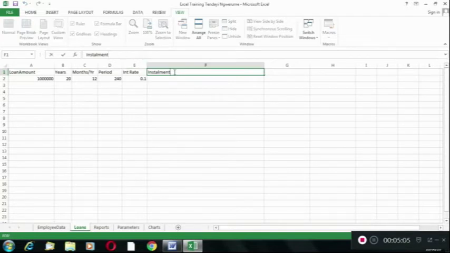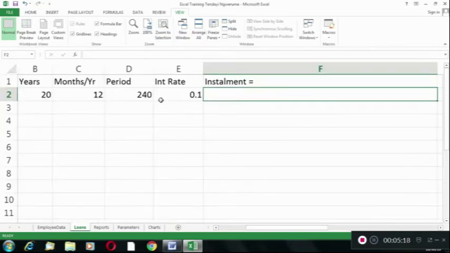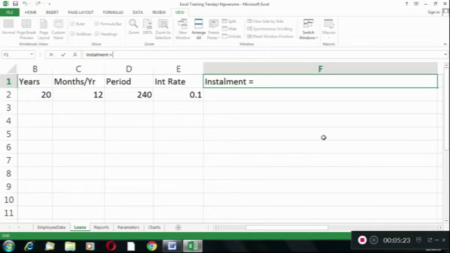It basically says equal to, right, let me zoom in. So the installment equal to PMT, that's the function, and then the interest divided by 12, because remember the interest rate is per year.